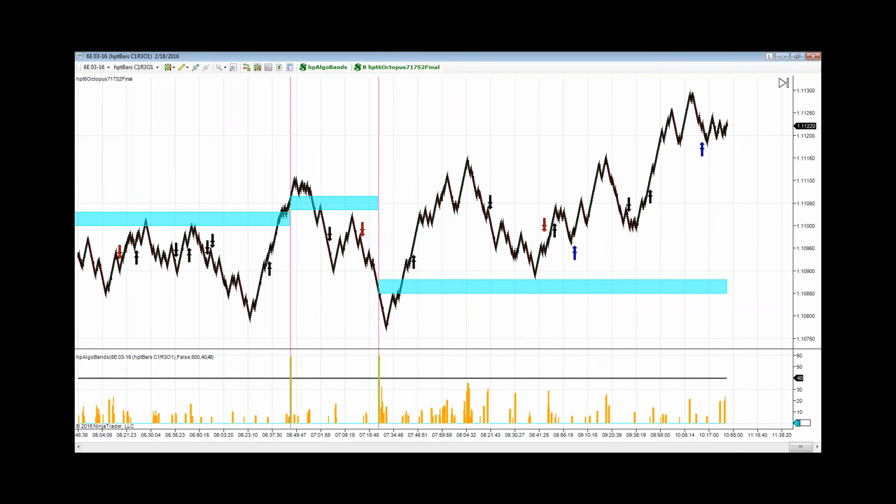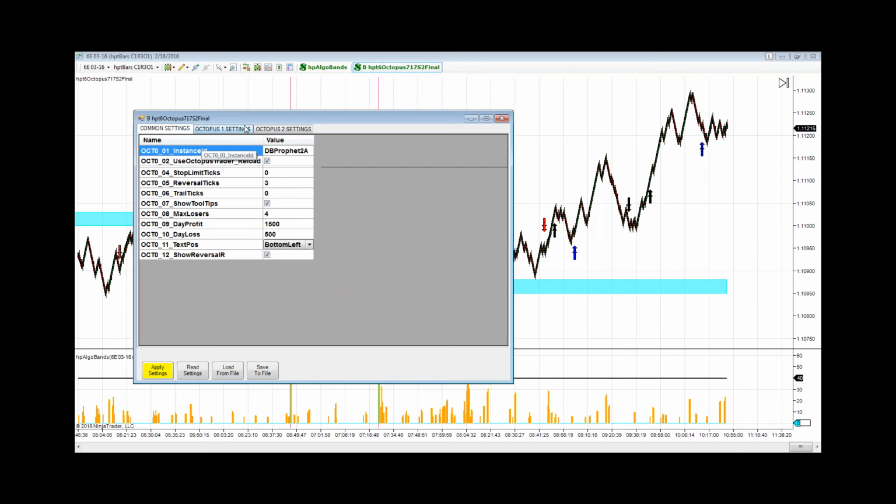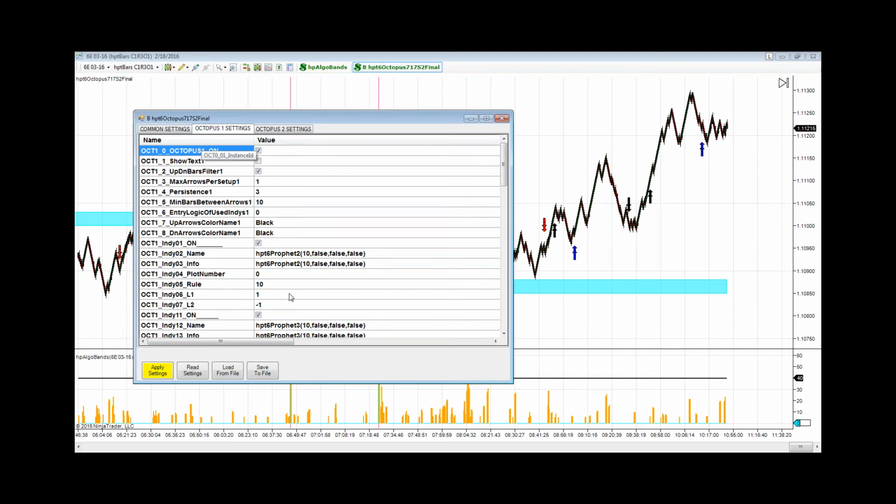Now, I haven't shown this, and I can do this: if you just want to use the Profit 2 indicator. Remember what's happening on the octopus, on this template, the DB Profit, it's using both Profit 2 and Profit 3. Just a refresher, Profit 2 is really looking for the real strong moves.